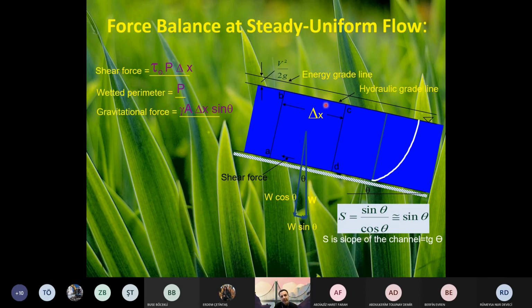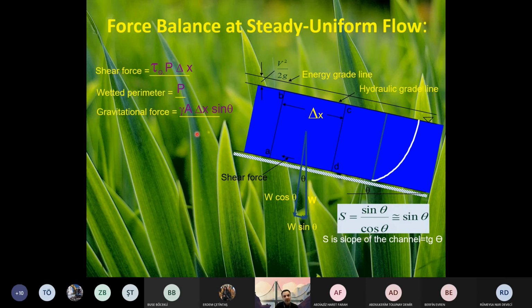So I can calculate easily the weight. This is my weight, gamma A cross-sectional area. If you assume that width is 1, therefore cross-sectional area, instead of A, you should write the depth, just depth. But here A means, if it is rectangular cross-section, A equals width times what?